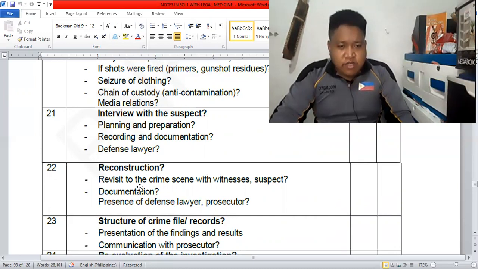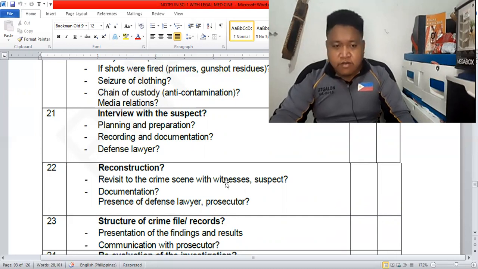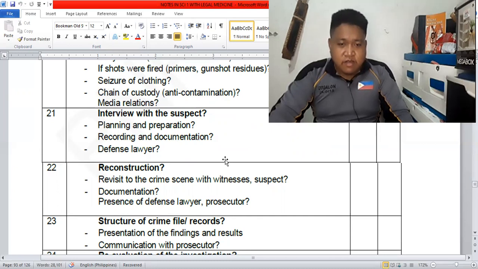Then number 22, reconstruction of the crime scene. Yan yung crime scene reconstruction. Revisit to the crime scene with witnesses and suspect so that they will inform you and they will tell you possible events that happened in the commission of the crime.